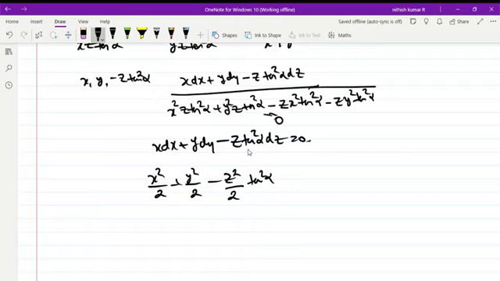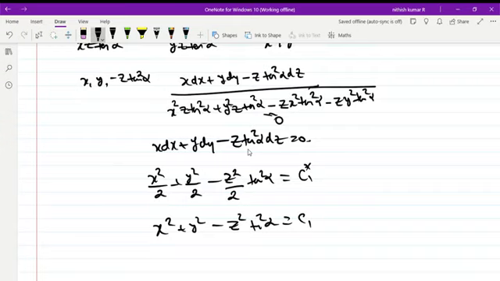It's a constant, so it's equal to some constant c1. By rearranging, the 2 is cancelling, so it is x square plus y square minus z square tan square alpha equal to 2 into c1. I will just name this c1 star, then this c1 is nothing but 2 into c1 star.